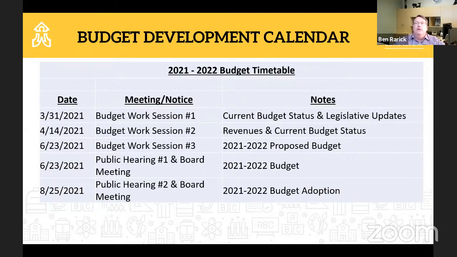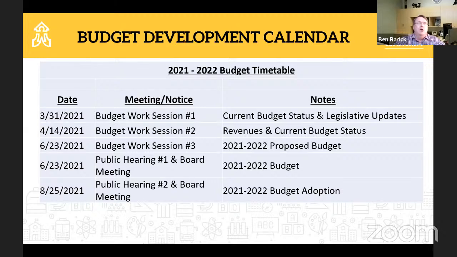The key dates are the end of August and the end of June. Remember, we basically send OSPI a technical rough draft of our budget at the end of June, and we usually do our third work session just before that gets sent. So you'll remember that. It's typically just right around the time we're adjourning for the summer with the schools.